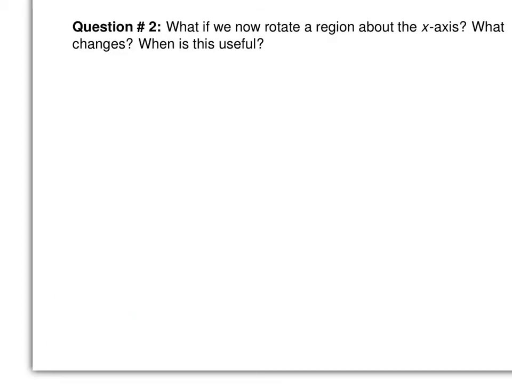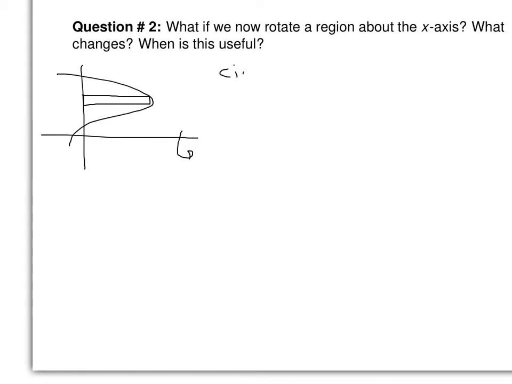Now, what if we rotate a region about the x-axis? What changes and when is this going to be useful? So if I rotate a region about the x-axis, something like this, say. So once again, think about the circumference, height, and the thickness.